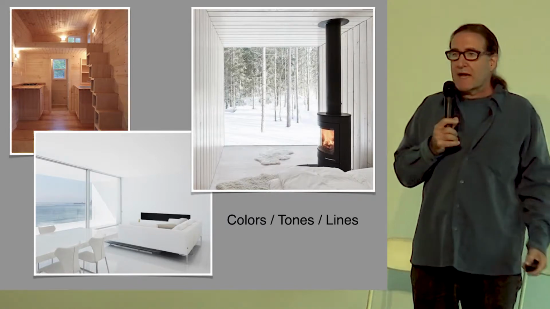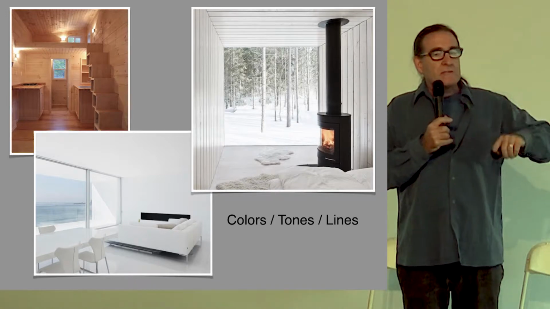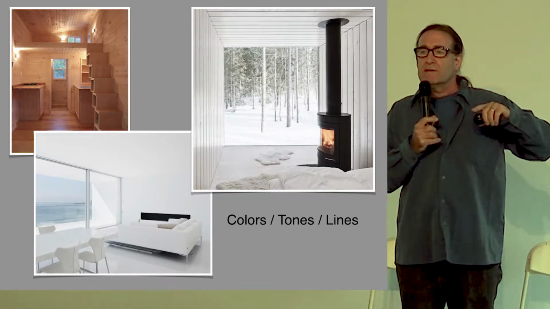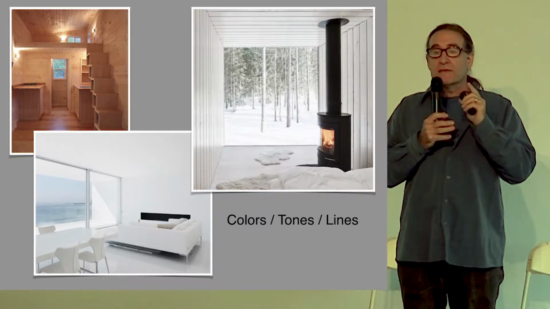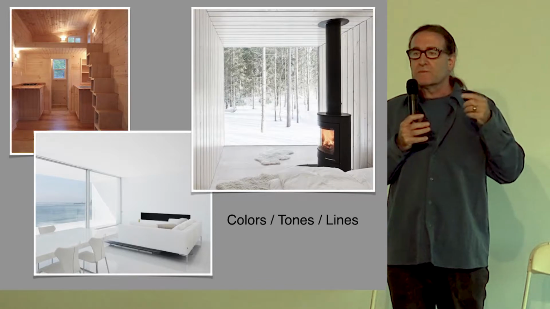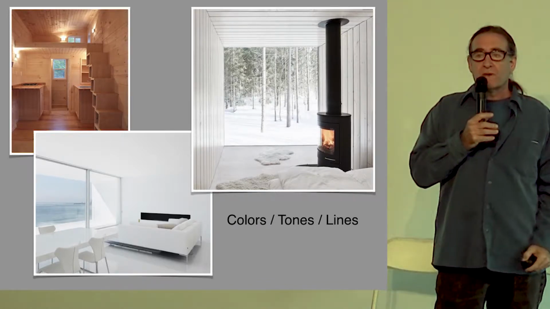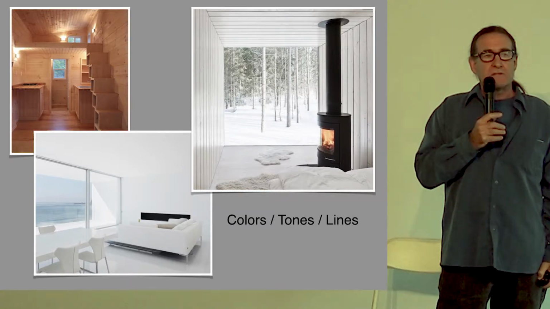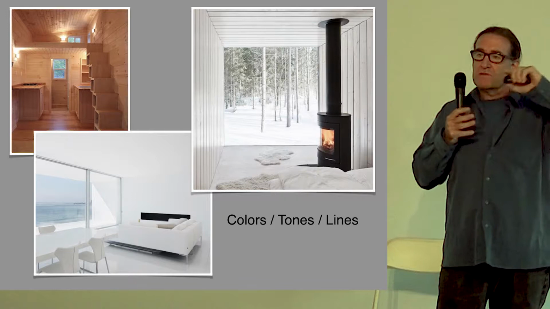And when you use lines, like the right-hand picture, vertical lines will tend to accentuate the height of a space, and horizontal lines will tend to either affect the length or the width of a space. So utilizing, in that case, both the vertical lines and the horizontals on the ceiling, you get a chance to feel taller and to feel wider.